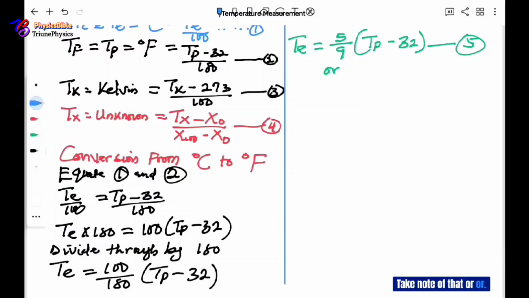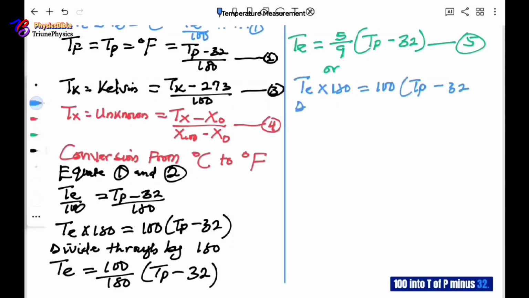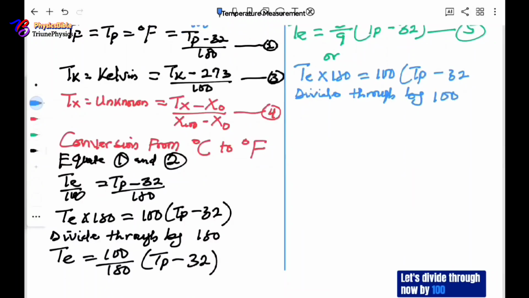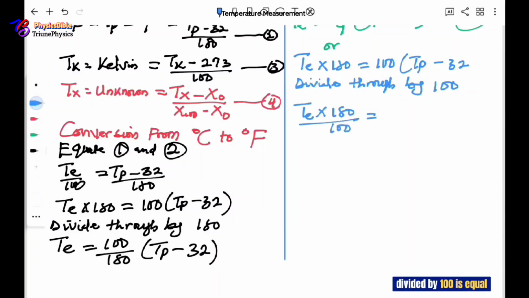Or T_P, if we are making that the subject of the formula, will become T_E multiplied by 180 is equal to 100 into (T_P − 32). Let's divide through now by 100 so that we have T_E multiplied by 180 divided by 100 is equal to T_P − 32.